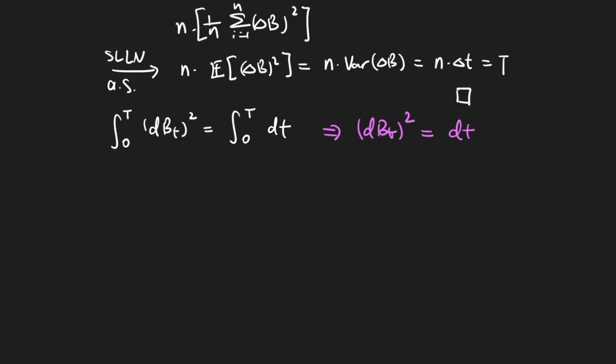Using the formula for the quadratic variation, we can derive Ito's formula.